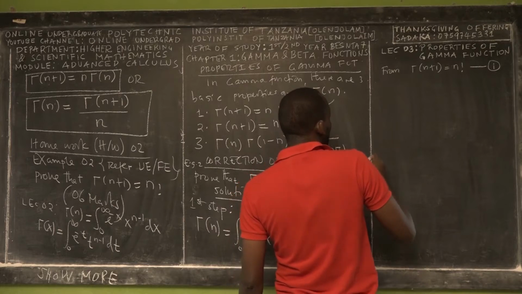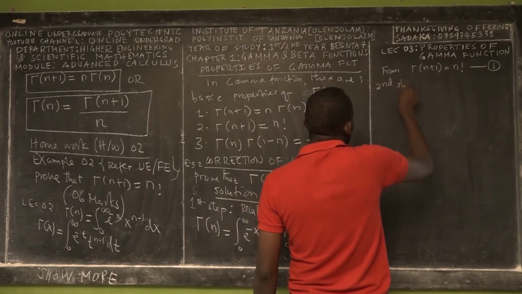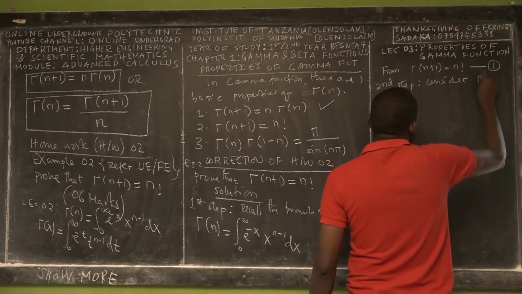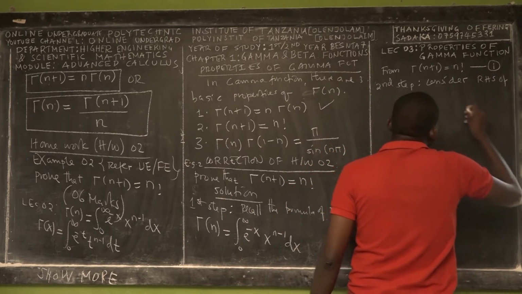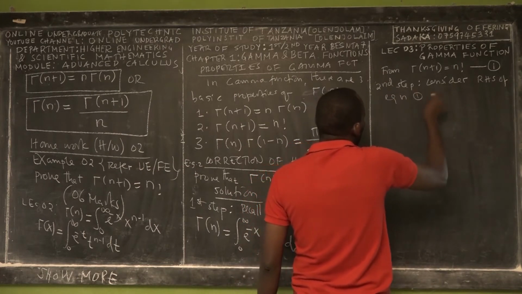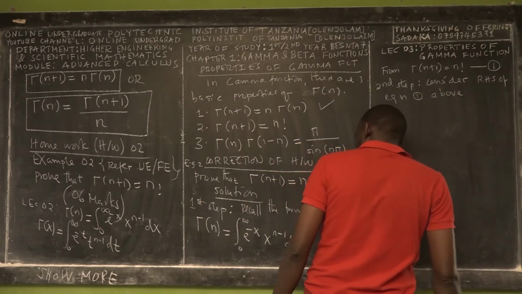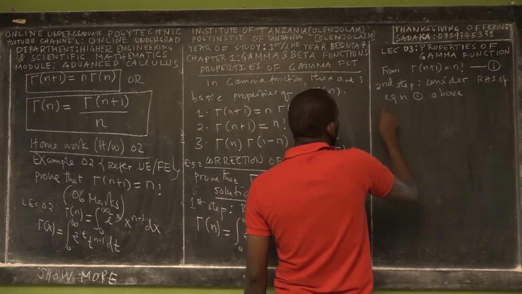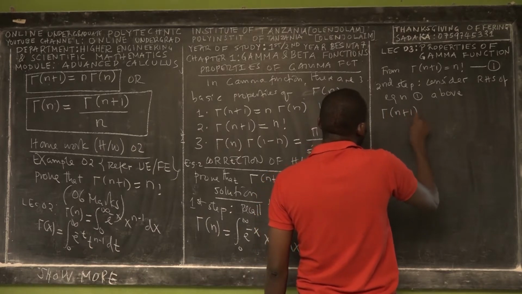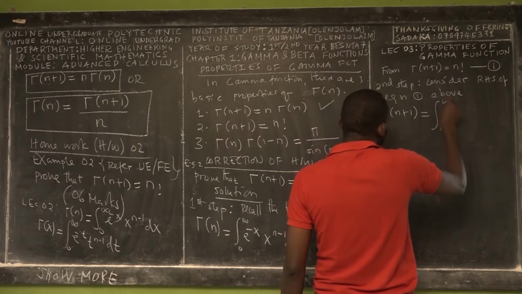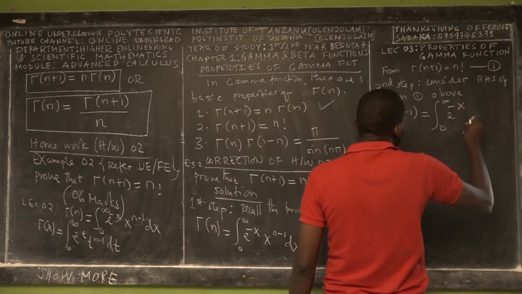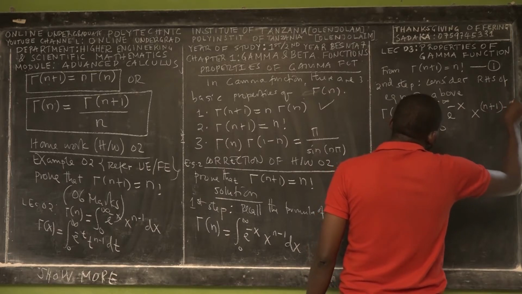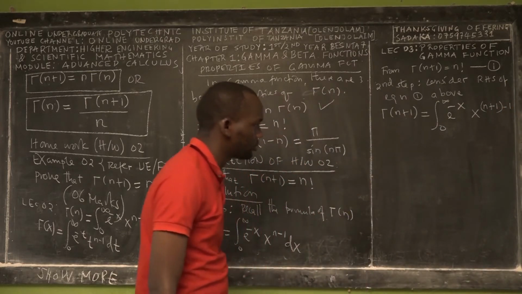We go for the second step. We say that you have to consider the right hand side of equation 1 above. If you apply gamma of n plus 1, it is equal to the integral from 0 to infinity of e to the power negative x, x to the power n plus 1 minus 1, because the value of n is n plus 1.